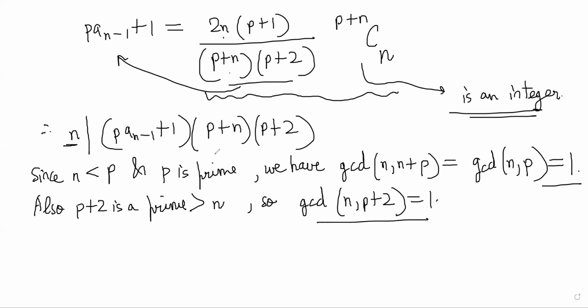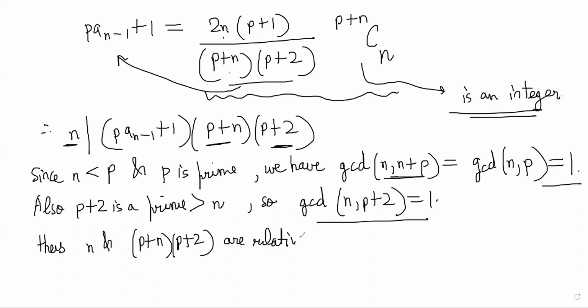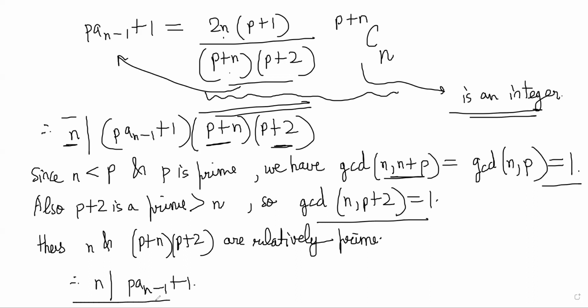So if GCD of n and p plus 2 is 1 and GCD of n and n plus p is 1, then basically, therefore, n and p plus n and p plus 2 are relatively prime. And if n is relatively prime to these two terms, then therefore n must divide p of a n minus 1 plus 1.